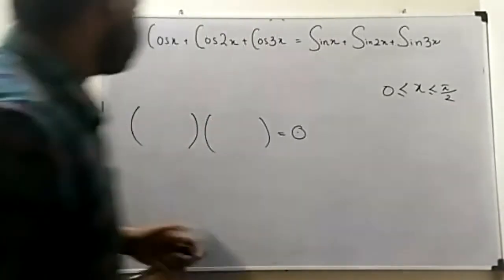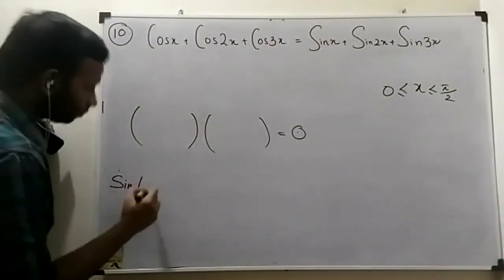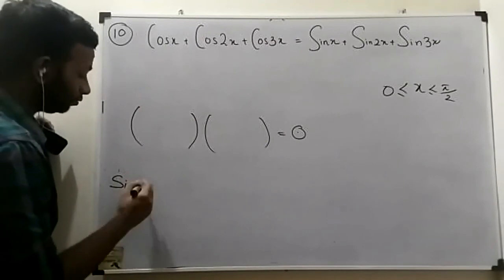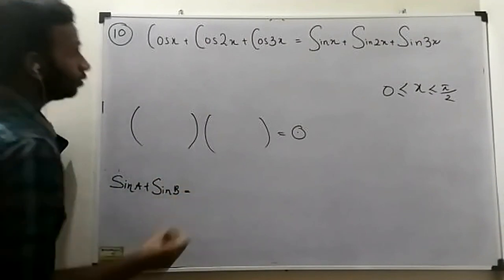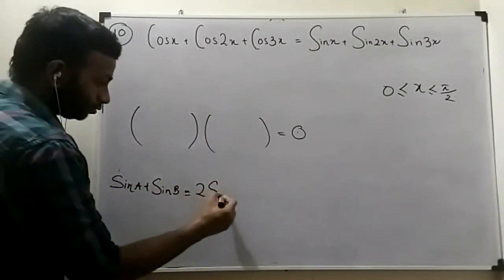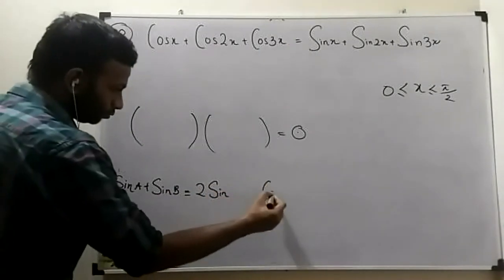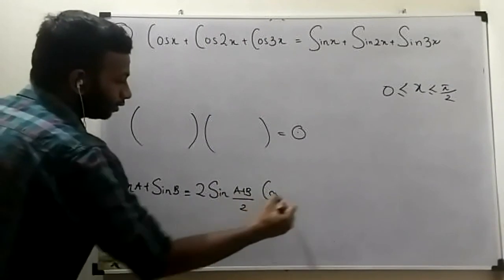If you remember, sin A plus sin B is 2 sin of (a plus b) over 2 times cos of (a minus b) over 2.